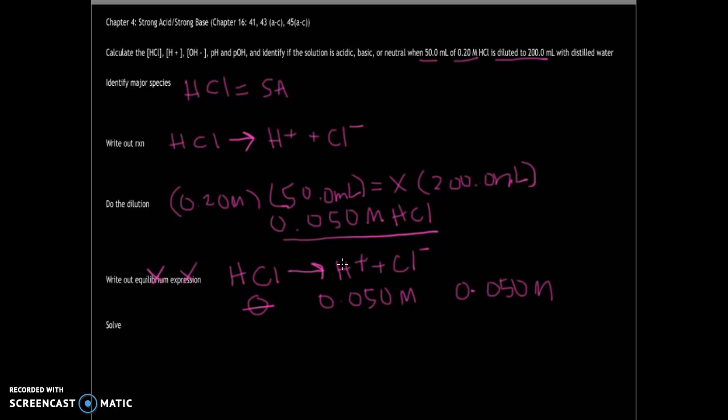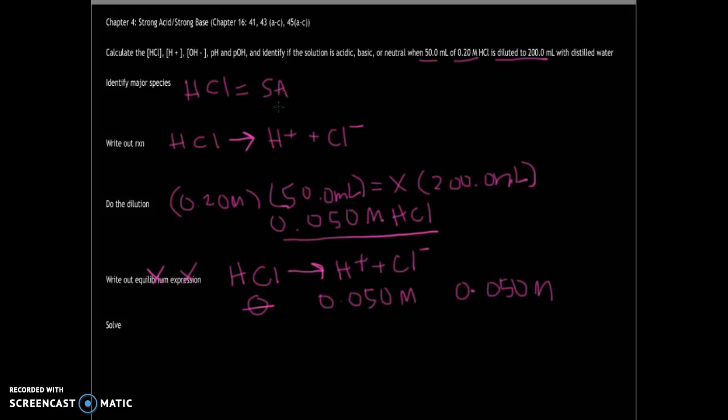Why? Well, because they're in a 1-to-1 ratio. If there was a 2 in front of your hydrogen ion, like if it was a diprotic, let's say, what would this have been? This would have been 0.1. It would have been 0.05 times 2 because there's 2 of them. Okay? So just be careful of the ratios.